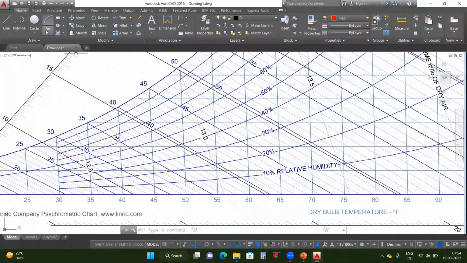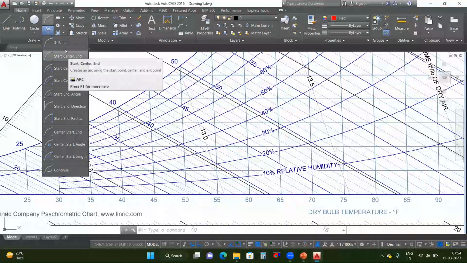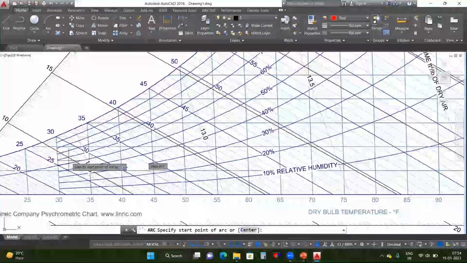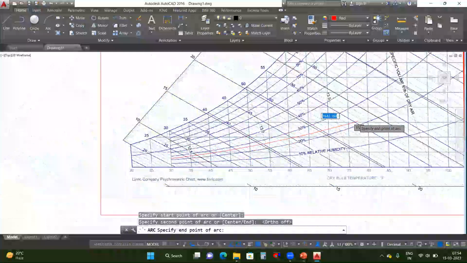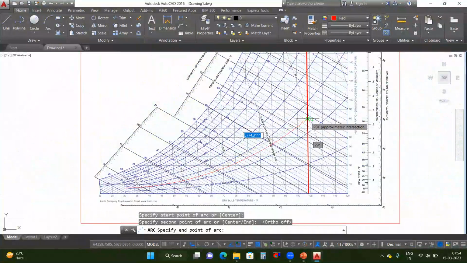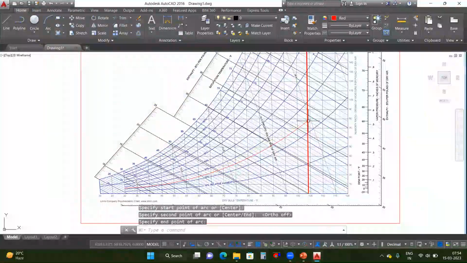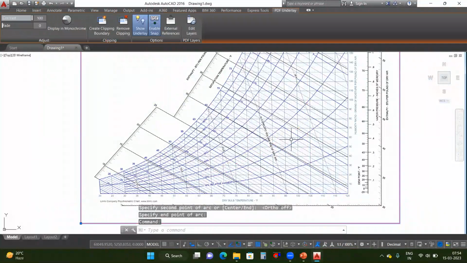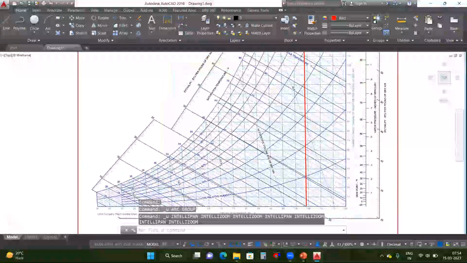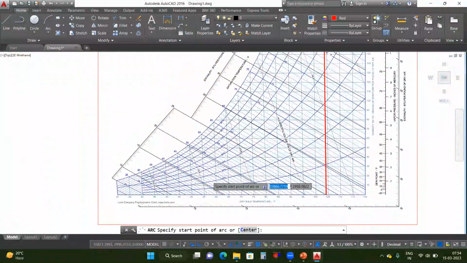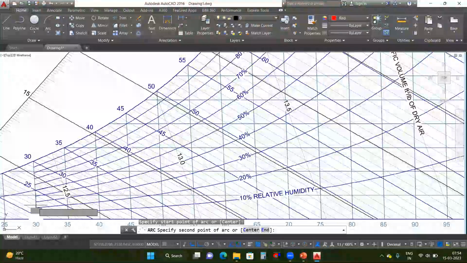I will take one line, and draw it one more time at 24% relative humidity.